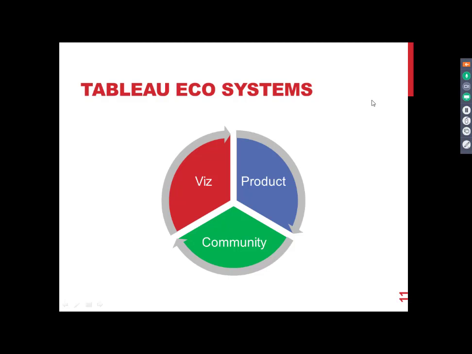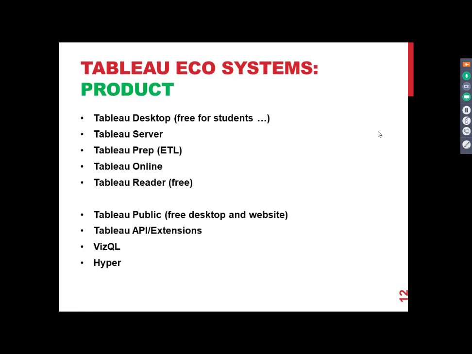Viz is the visualization, the dashboard that we create using the Tableau software. The third is community. Probably community shaped the ecosystem. Next, let's talk about the product. Initially, Tableau has just the top two, well, maybe the top one, which is Tableau Desktop.